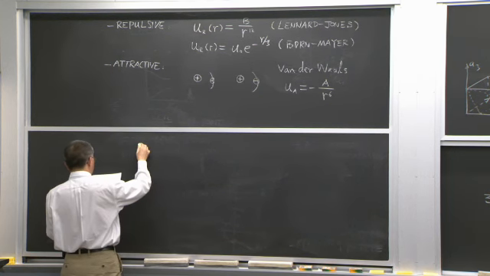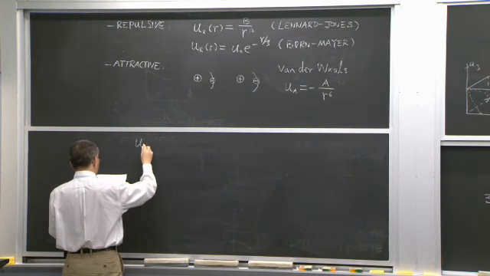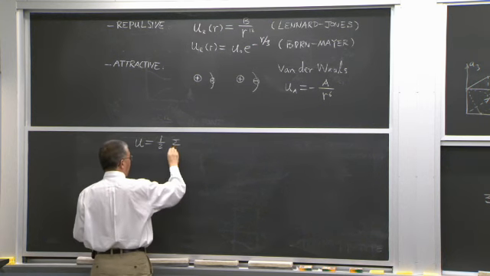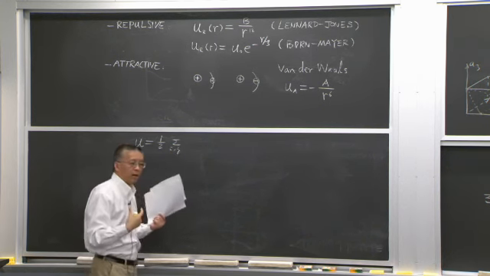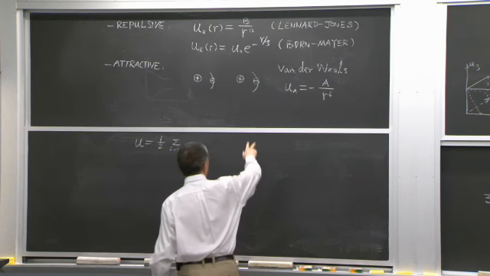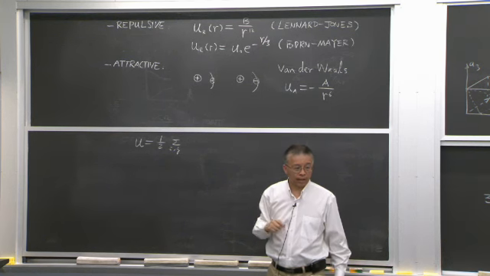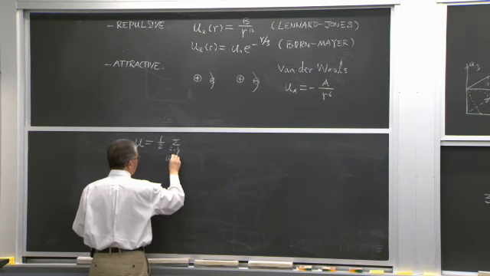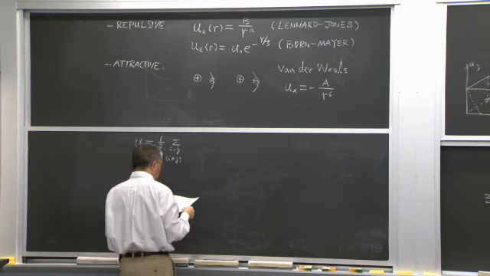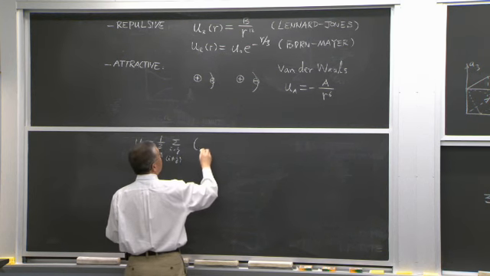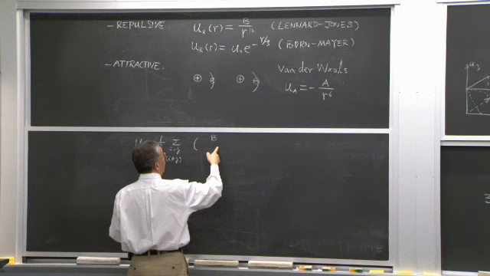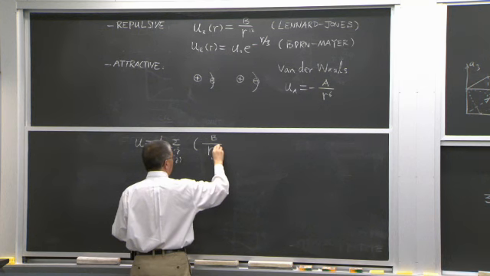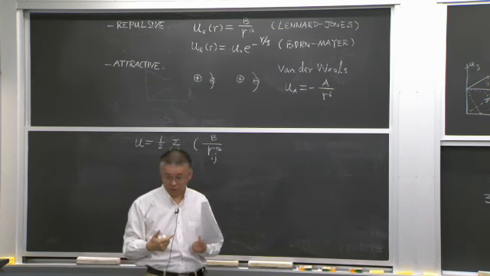So if I have the total energy of the crystal, I denote the atoms, say, sum over i and j, pairwise, because what I have here is between two atoms, atom i and atom j, and sum up all the atoms, with i not equal to j because I'm looking at the mutual interactions, and I have here the Lennard-Jones, that's B over R_ij to the 12. R_ij is the separation between the two atoms.